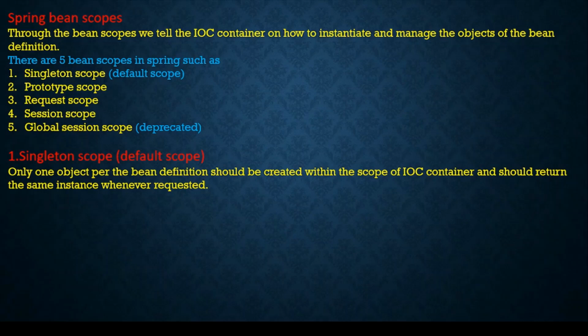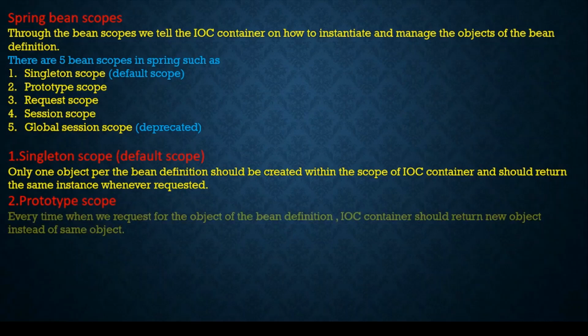However many times you call that get bean method, the same object is returned. That is the meaning of singleton scope, which is the default scope. Prototype means that whenever we call the get bean method, it returns a different object each time, not the same object. I hope you got my point, right?